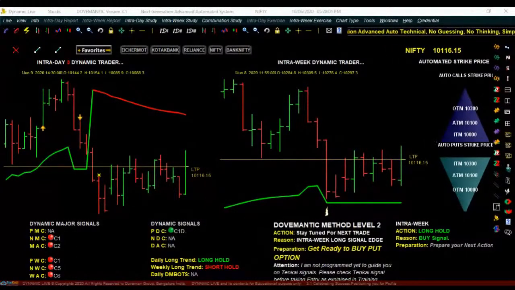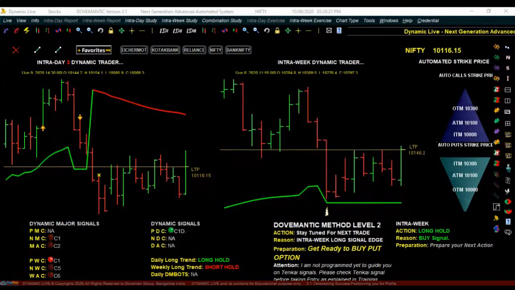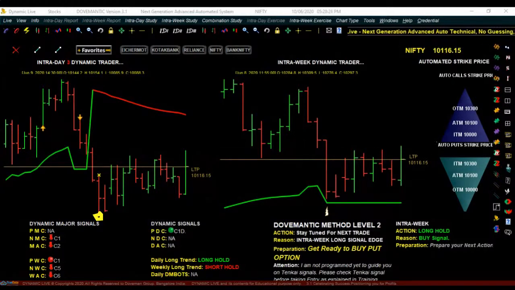Karthik Jaisimha. Mr. Deepak has a question. How to check the Tenkai signal? Will it mention zigzag, etc., at the same time when we get the action? Yes, definitely. When you check the Tenkai signal, if there is a zigzag symbol, a green colored symbol at the bottom or a red colored symbol on top will appear. But anyway, when a symbol appears either in intraday 3 or in intra-week, just check what is written in the reason.